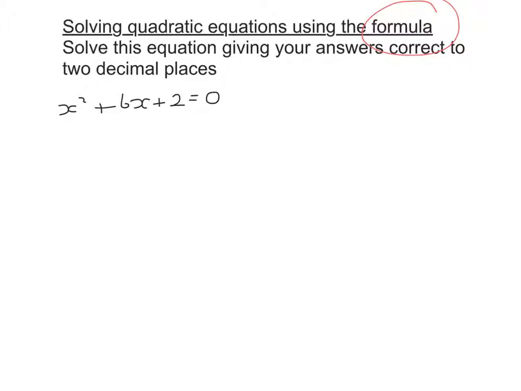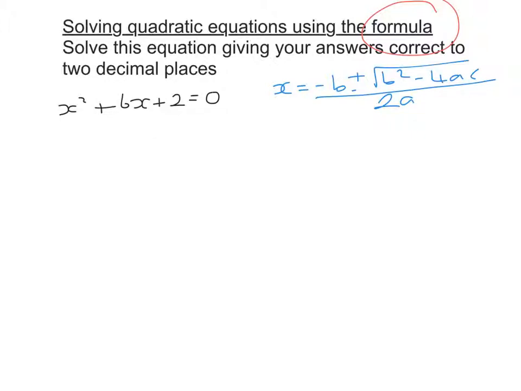So we've got to solve this equation here, and if you remember, we've got this formula that helps us do it. That formula is x is equal to minus b plus or minus the square root of b squared minus 4ac, all divided by 2a. For the formula to work, we need to know what a, b and c are.